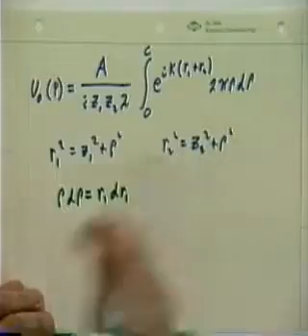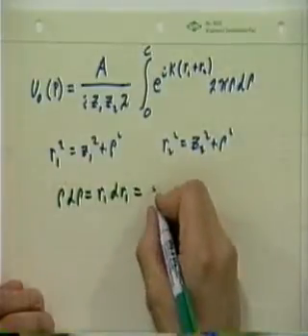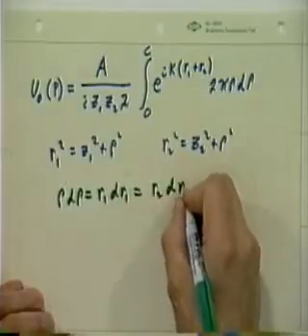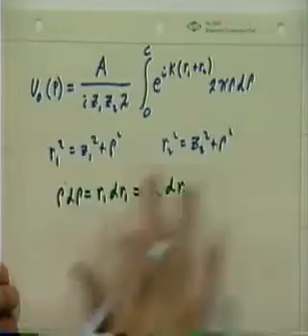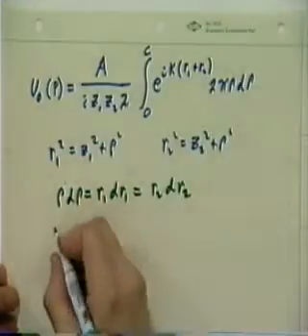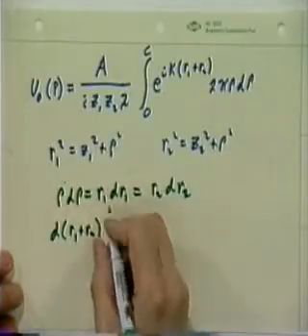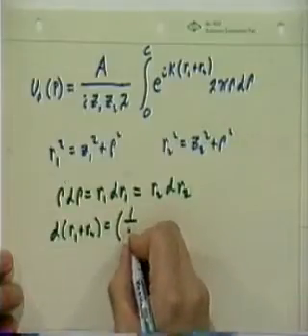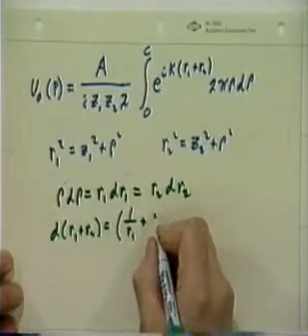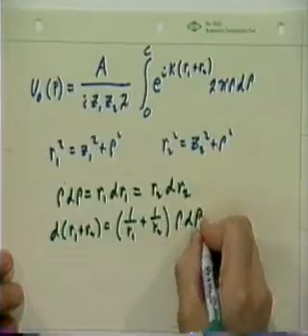And if we took the derivative over here, then rho d rho would be R2 dR2. So playing with this a little bit, d(R1 plus R2) is 1 over R1 plus 1 over R2 times rho d rho.